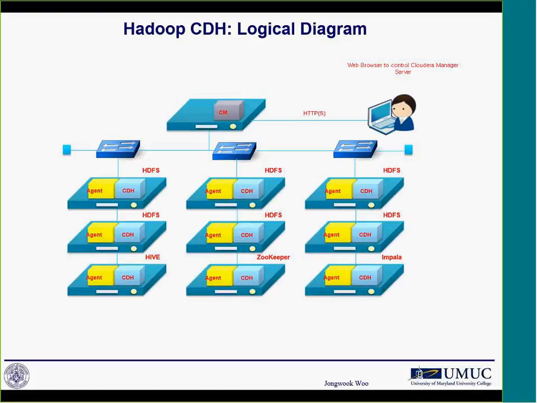and each server has the HDFS and the MapReduce job. So in this example, there are 9 servers. This is a small company who owns a Hadoop cluster with 9 servers.